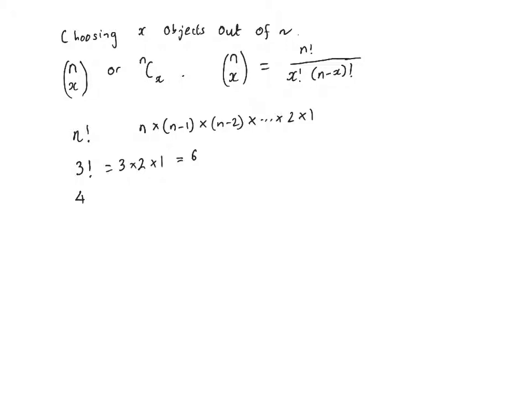And then a more complicated example, 4 factorial would be 4 times 3 times 2 times 1, which is 24. And then perhaps a less complicated example, 2 factorial is 2 times 1, which is 2. 1 factorial is just 1 on its own, which is 1. And then for notational reasons, 0 factorial is defined to be 1.